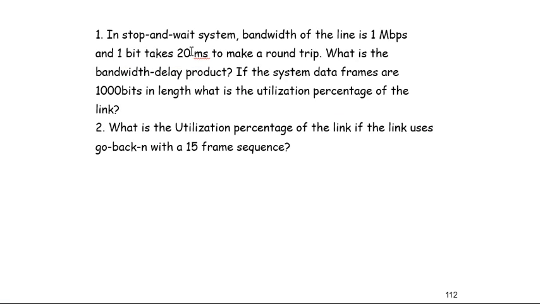Right? So 1 into 10 to the power 6 is 1 Mbps and 20 milliseconds is 20 into 10 to the power minus 3. So that is bandwidth cross delay.